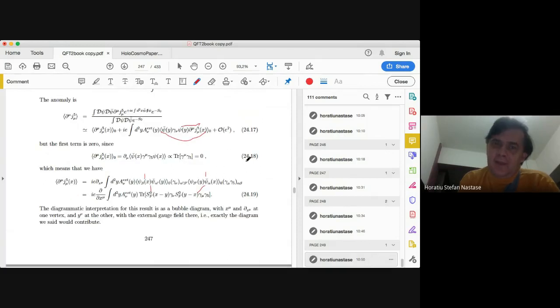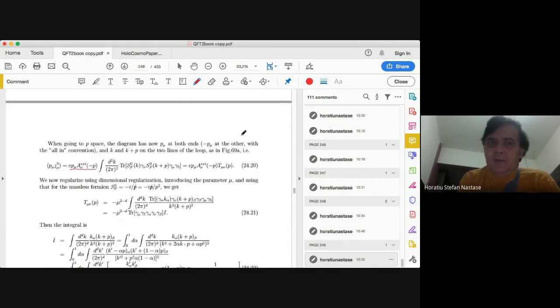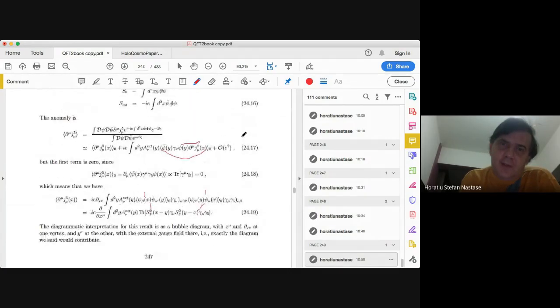And so that's why I said it's a much longer calculation. You have to calculate many more terms. And then the only one that is non-zero comes from this E squared, but with one integration.